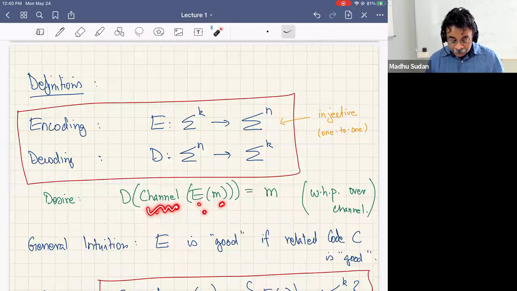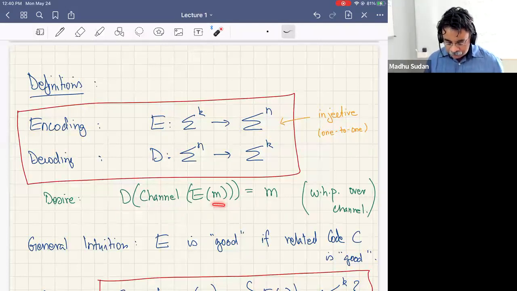Okay. And our desire will be, after you've encoded a message and the channel has done its nastiness, it has introduced errors, your decoder is still able to somehow recover the original message. So recall, we do not care about partial closeness. We are not happy if m and m prime only differ in very few coordinates. That's no good. We do not want "we are now ready" to become "we are not ready," or vice versa. Okay.